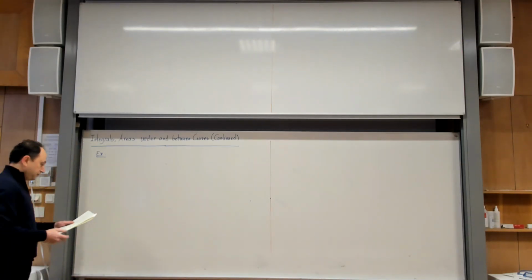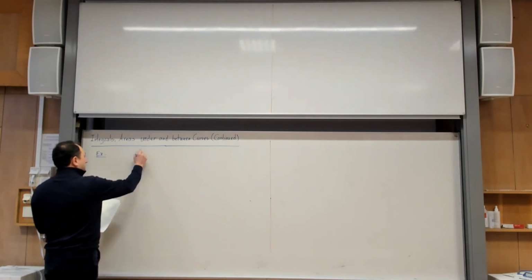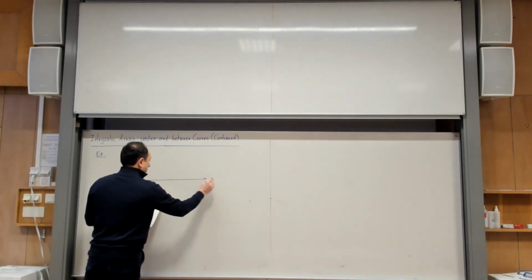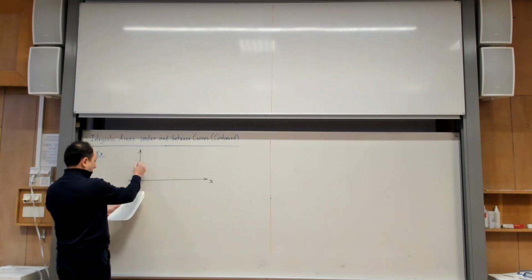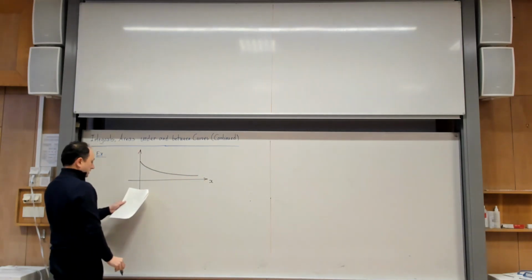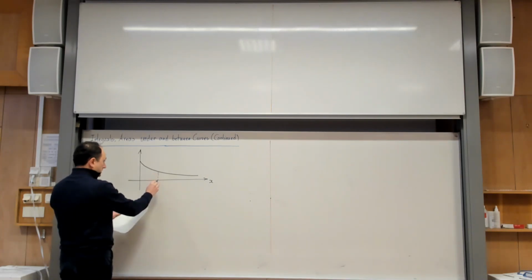We have a function given to us. The graph actually is given. And this point is given to be 6.